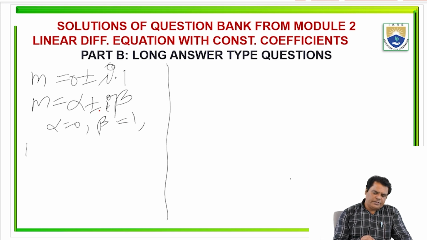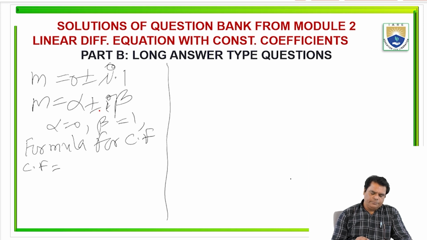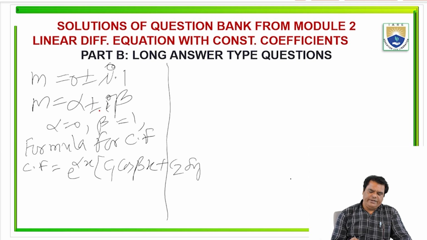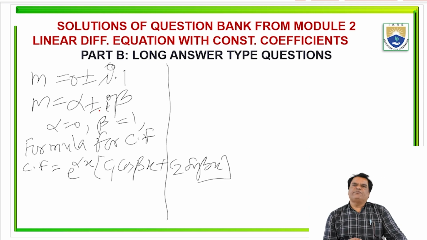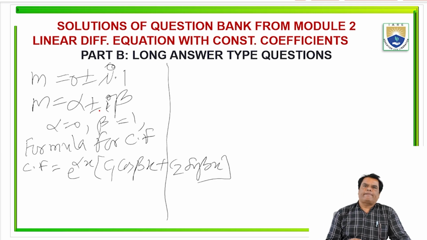Now the formula for CF. CF is equal to e to the power alpha x into (C1 cos beta x plus C2 sin beta x). This is the formula for CF.